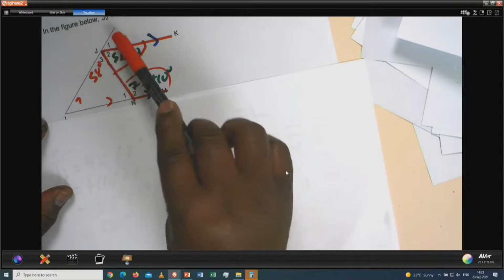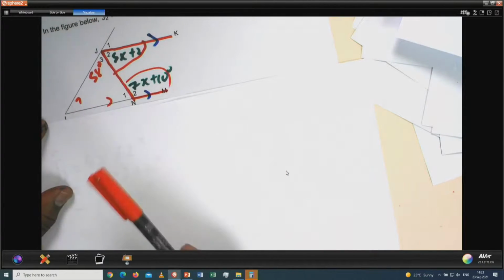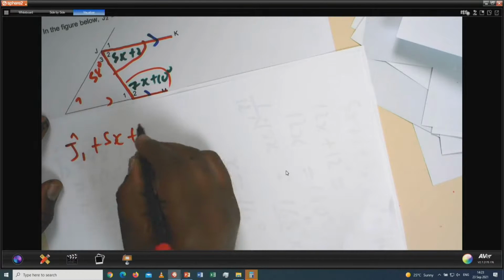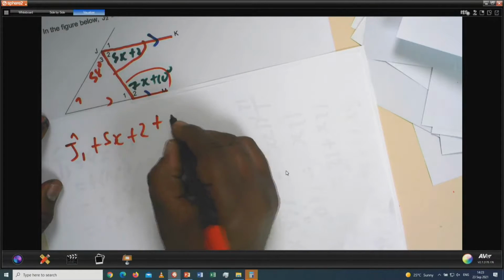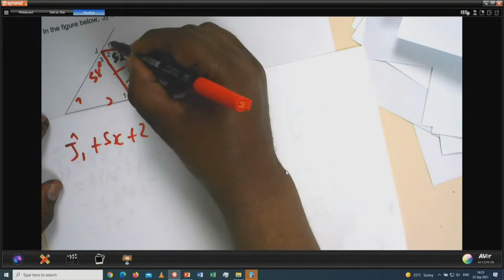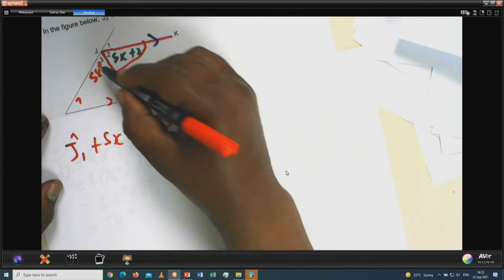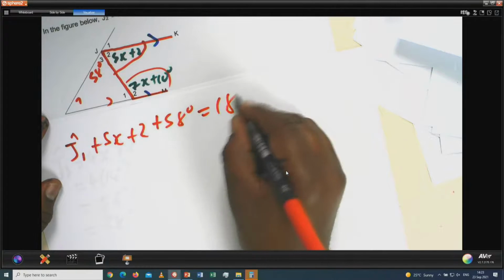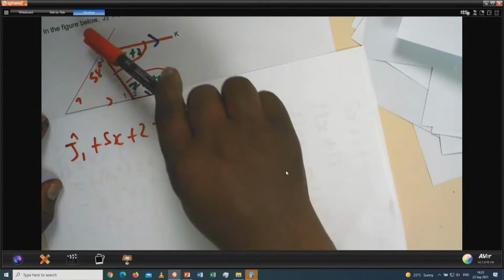Now let's look for this angle, J1. J1 plus 5x plus 2 plus 58 degrees equals 180, angles on a straight line.